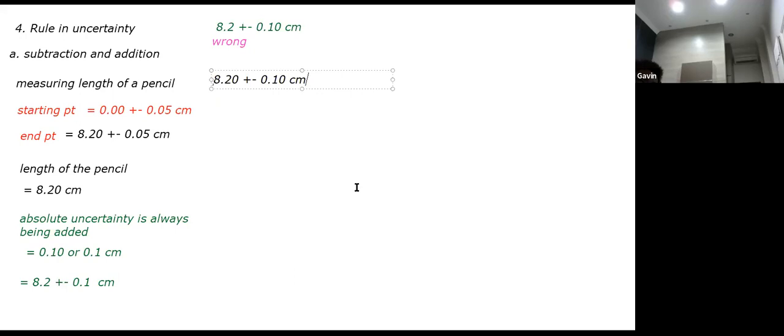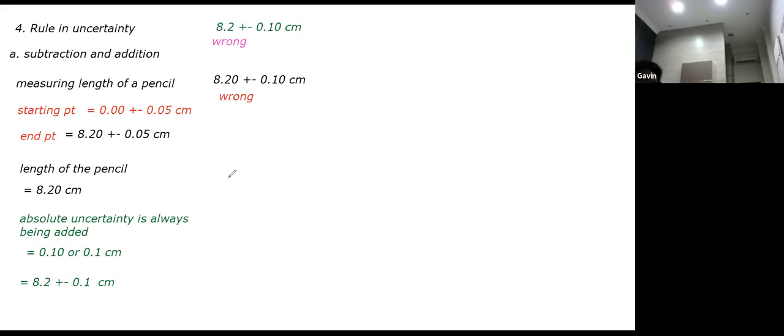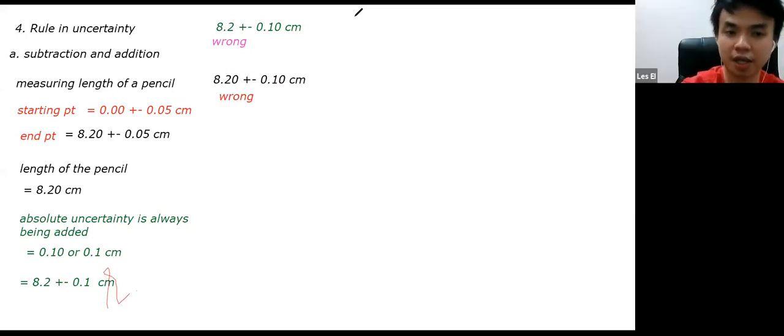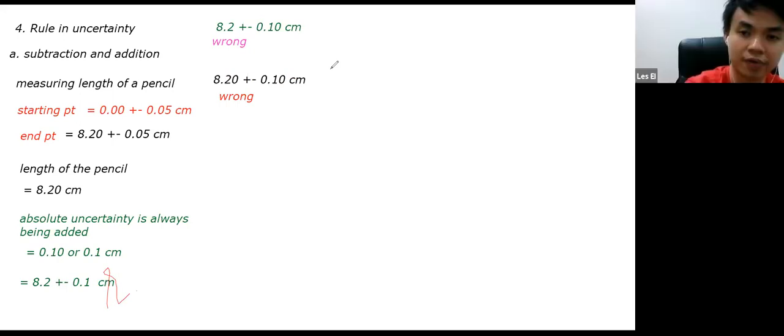No. Yeah, so I don't suggest you write like that. I will just suggest you write 8.2 plus minus 0.1. But for the endpoint, we have to write 2 decimal places when you are still taking the raw data.